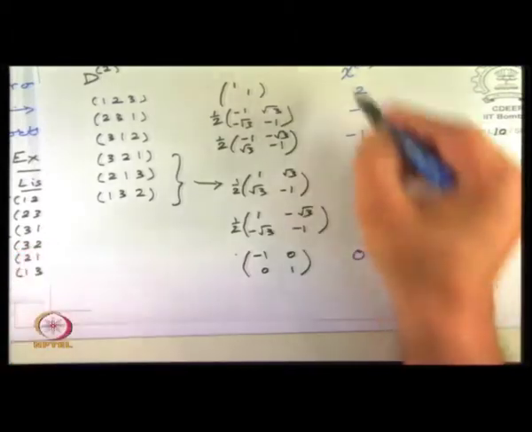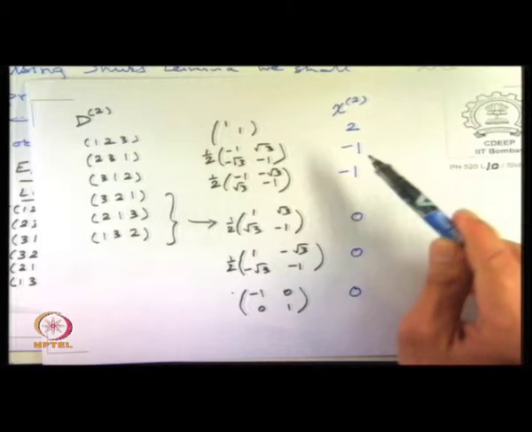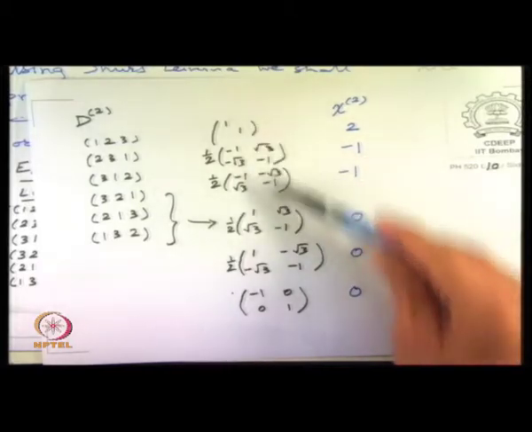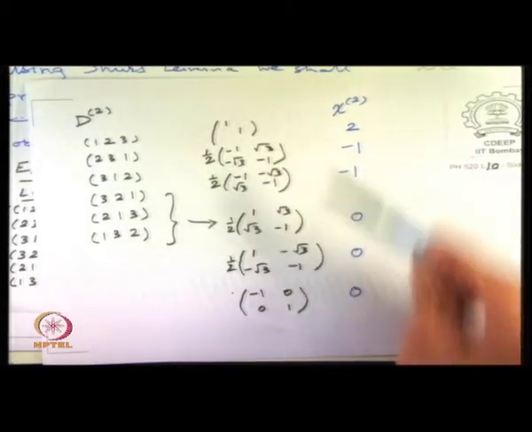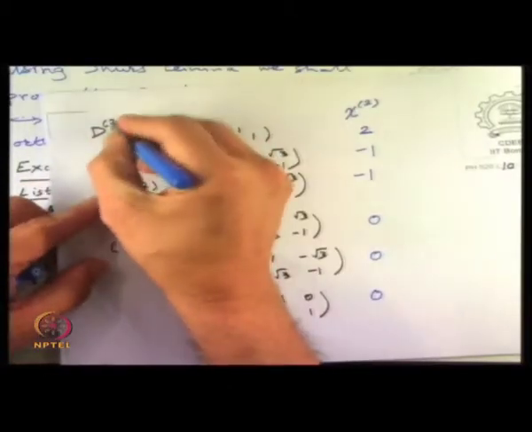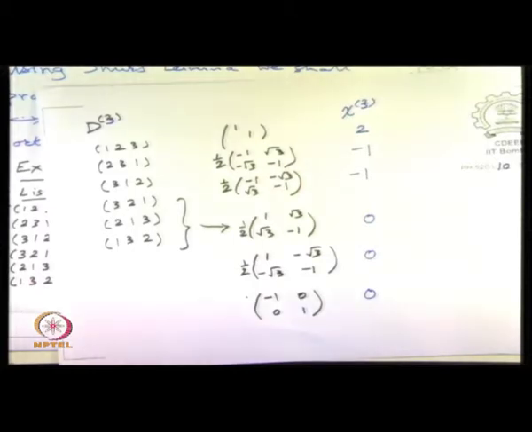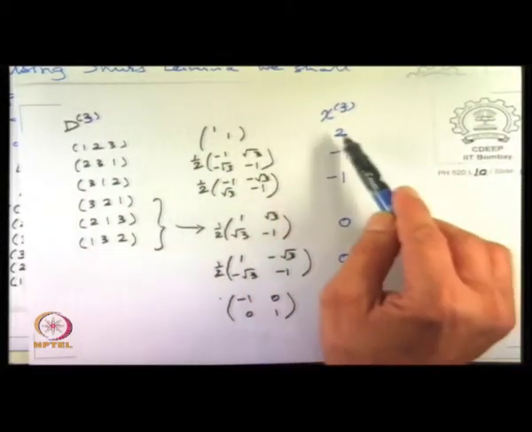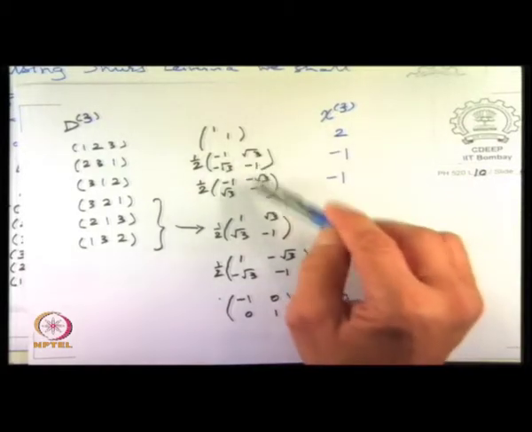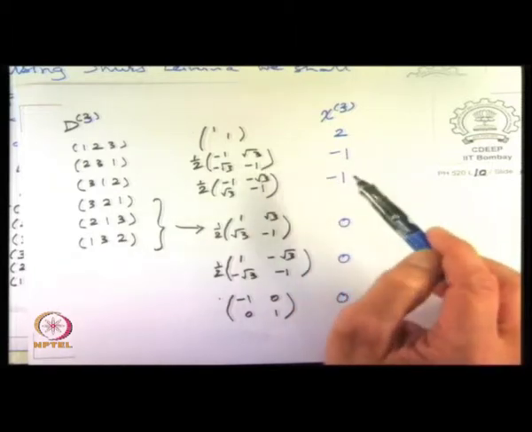So the character of these group elements in the representation which we have called D2, actually we called it D3, isn't it? I'm sorry, this is D3 because D2 is that one with flipped signs. So D3, the character of identity is 2, the character of these two which are proper rotations is -1 and -1.